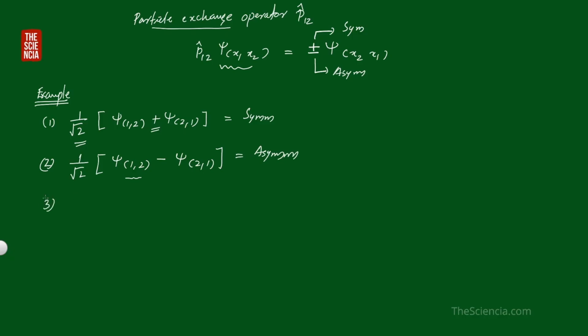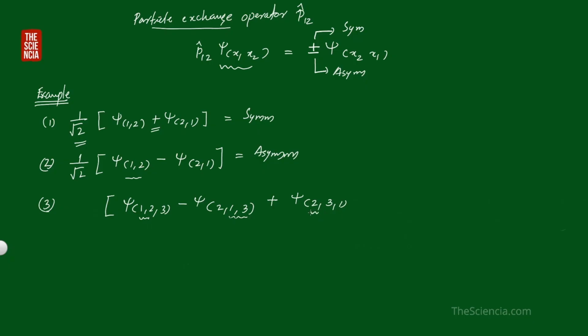And one more example: there are particles 1, 2, 3, and the particle exchange operator is operating on this. So I got psi. Now I am exchanging these two, that is 2, 1, 3. Now again the particle exchange operator is operating on this state. So again we got negative, and now I am exchanging these two, that is psi 2, 3, 1.